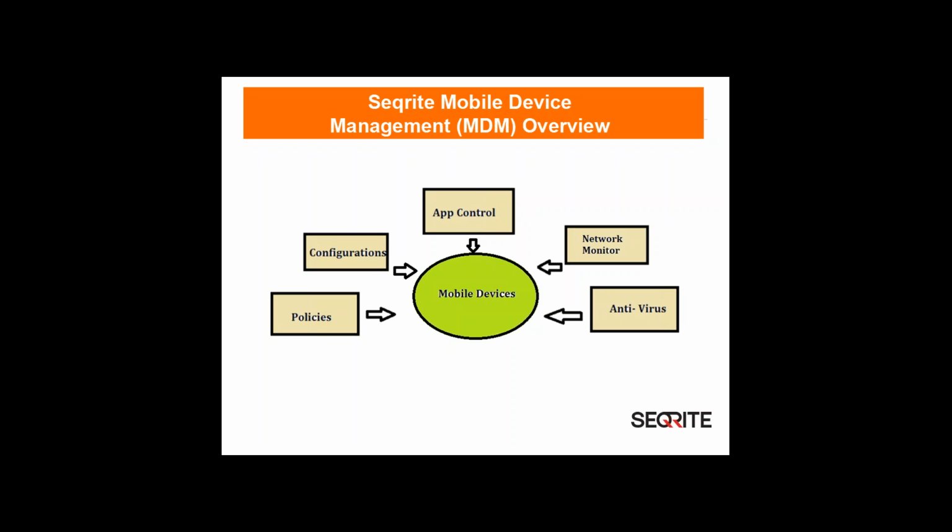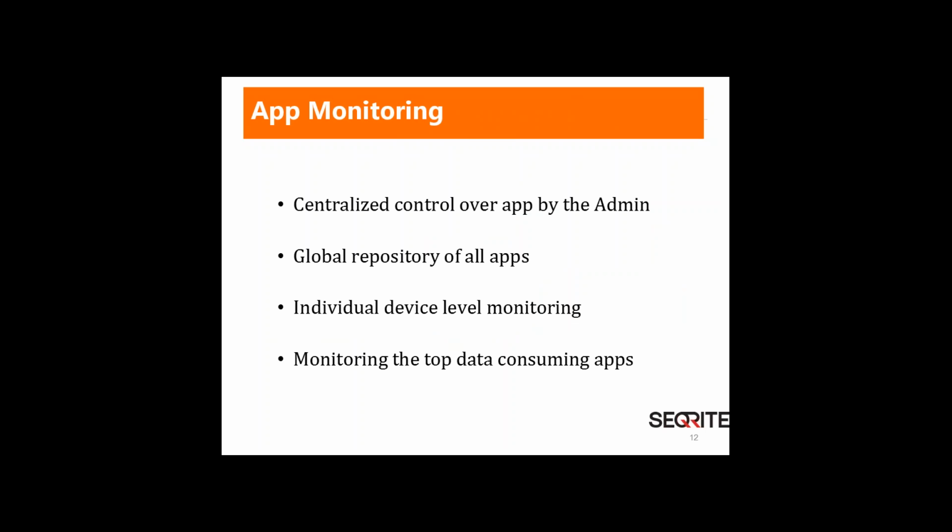Let us first start with app monitoring. So, in app monitoring, we are giving centralized control to the admin of the applications of all the devices. Admin can view all the applications which are currently installed in his enterprise's devices, so that he can take the required action against any application or device if required.